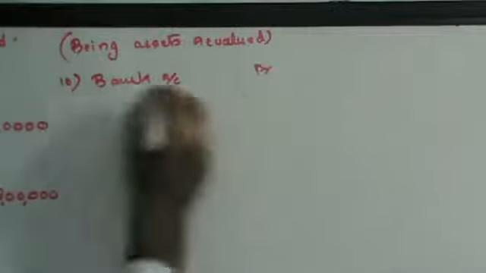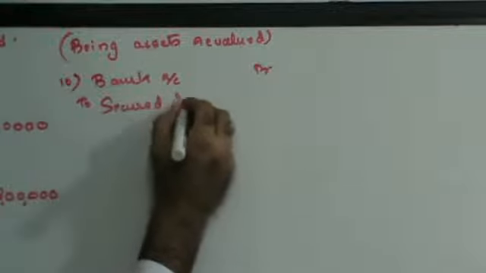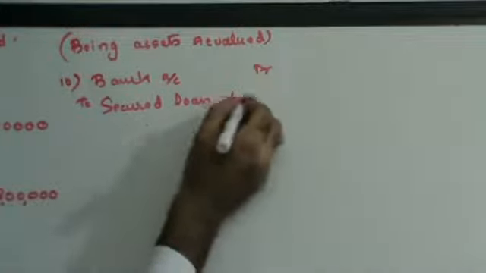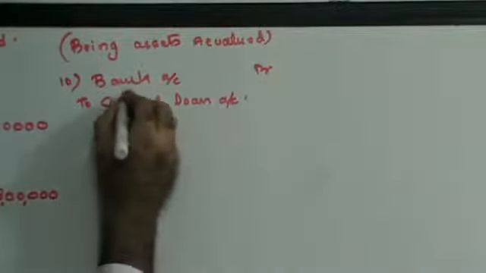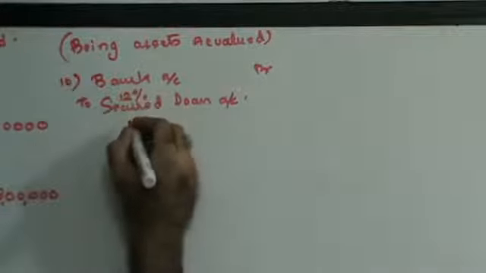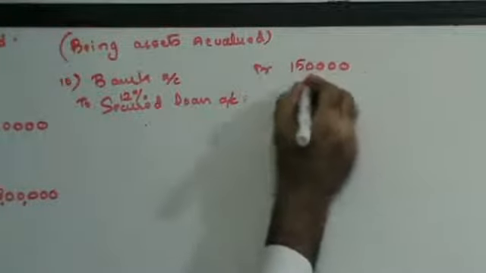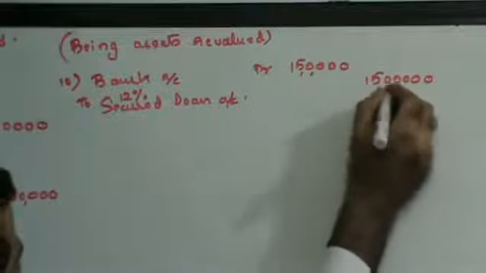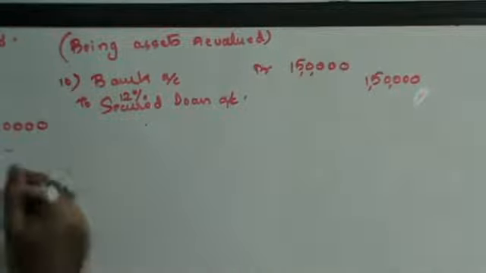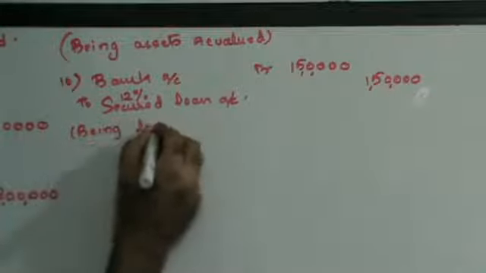Bank account debit to secured loan account. Right? This is 12% secured loan of 1,50,000 was obtained. Being loan taken.